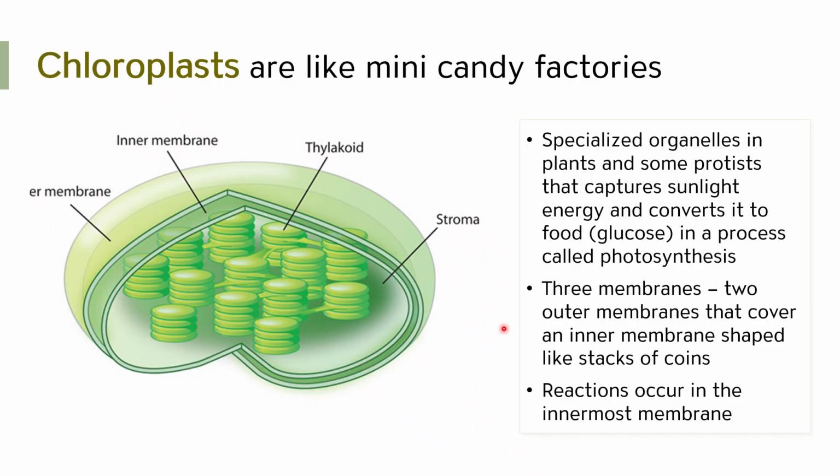So kind of interesting. And their job is to take sunlight energy and inorganic carbon, meaning carbon dioxide, and use the energy from the sun to take that carbon dioxide and build food out of it. In this particular case, they build sugar, glucose, and that process is called photosynthesis.